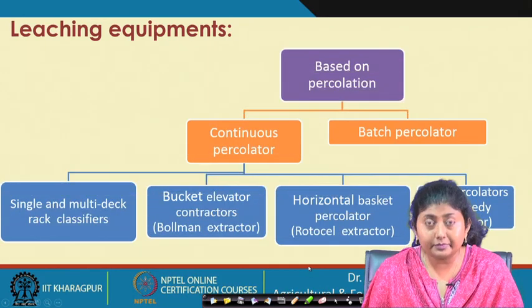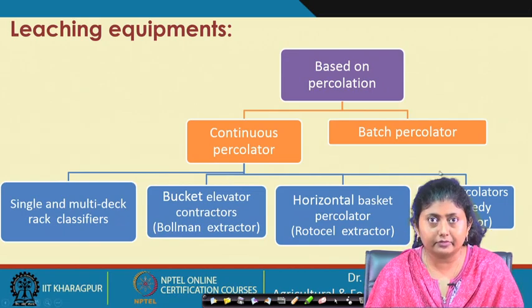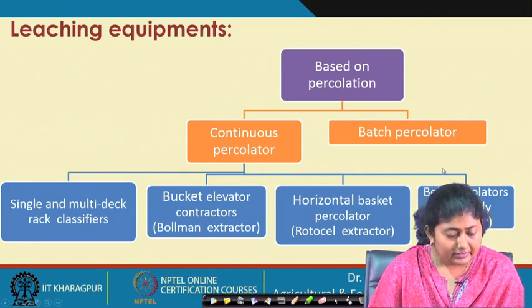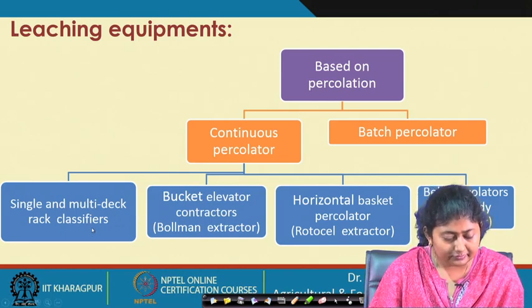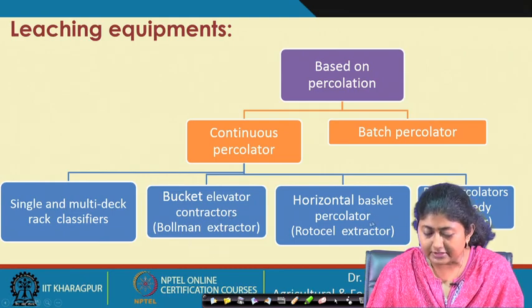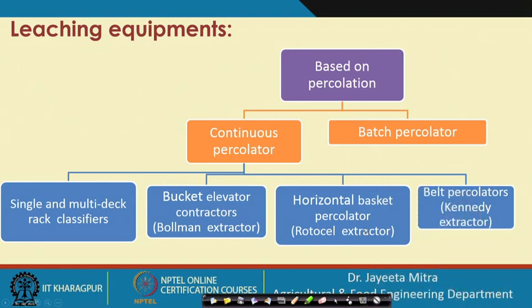Now, based on percolation, again we can divide them into continuous percolators and batch percolators, and continuous can also be divided into single and multi-deck rake classifiers, the bucket elevator extractor, that is called the Bollmann extractor, the horizontal basket percolator, that is called the Rotocel extractor, and the belt percolator, that is called the Kennedy extractor.